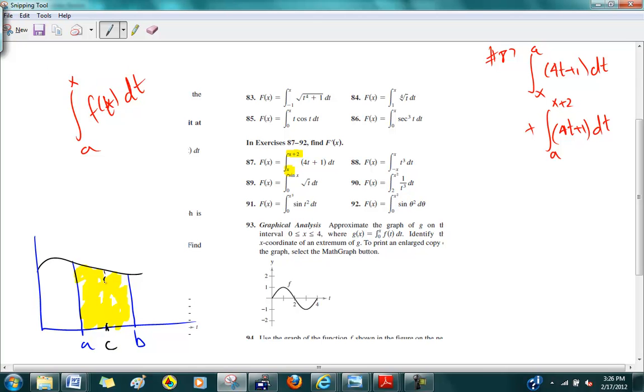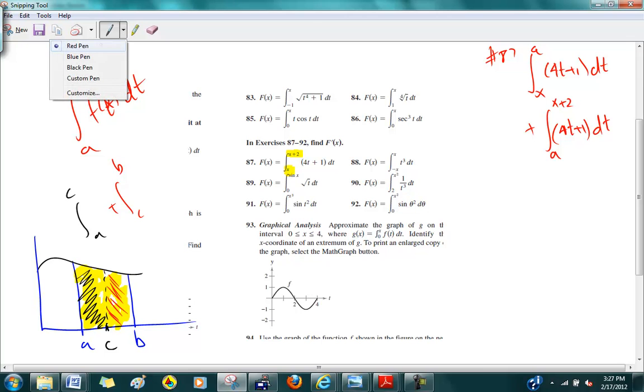I can find this black shaded area first, which would be an integral from A to C, and then the red region, which is the integral from C to D. That's the property I'm using.